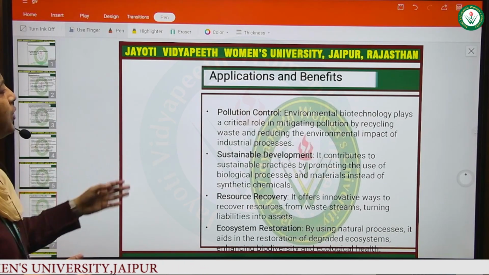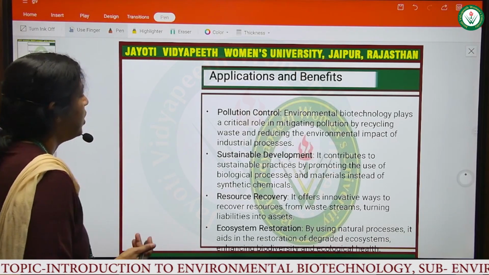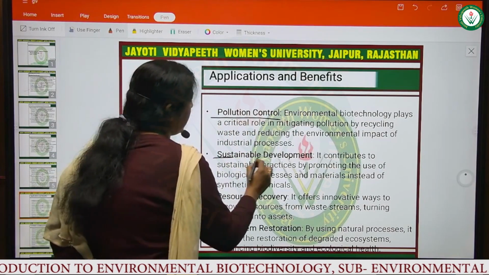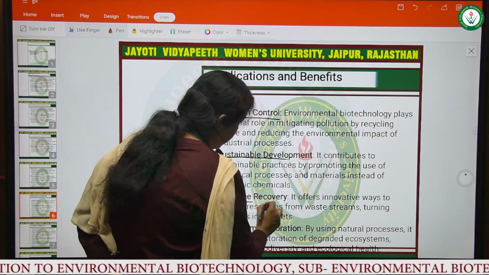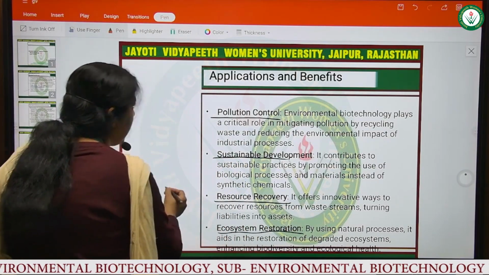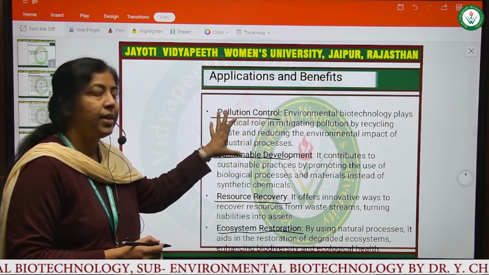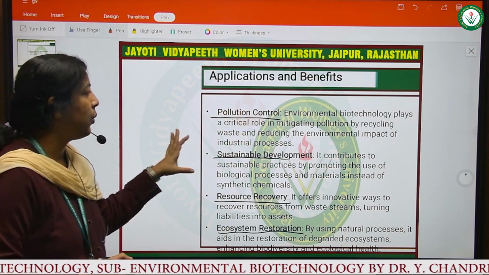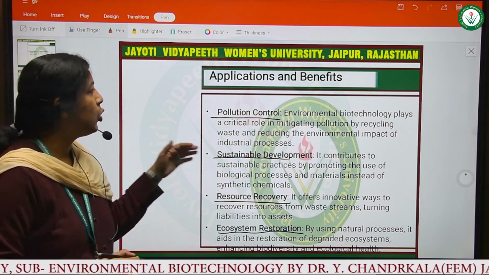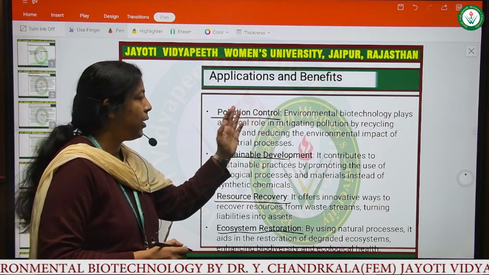Here are the beneficial applications and its benefits: pollution control, sustainable development, resource recovery and ecosystem restoration can be done. Pollution control means it plays an important role by recycling waste materials, through bioremediation and biogeochemical cycles.